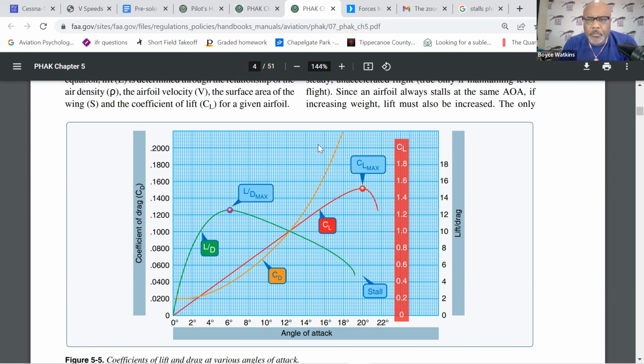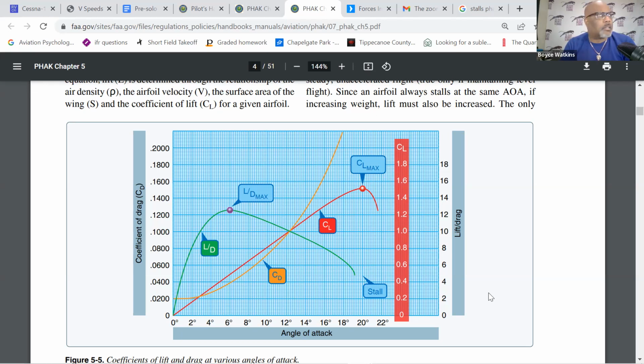Do you remember the four turning tendencies?